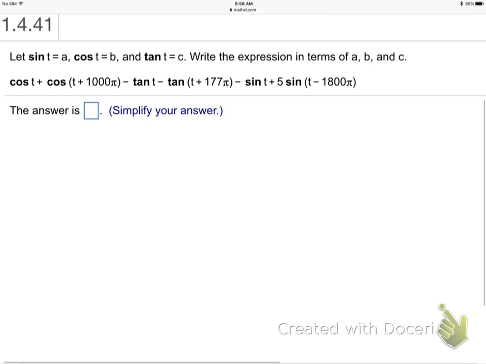How we doing? You guys getting this thing? Cosine t.